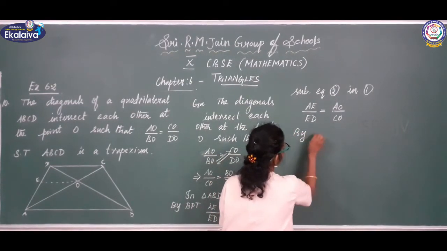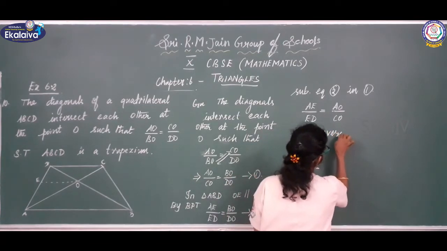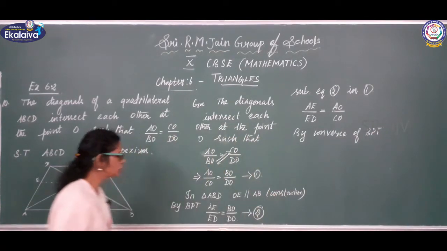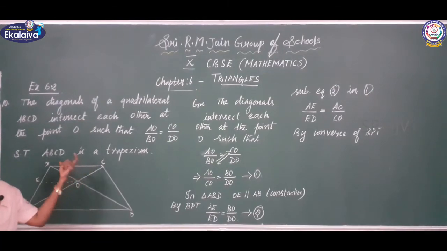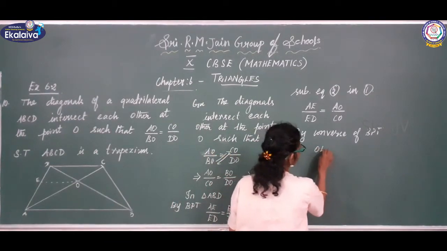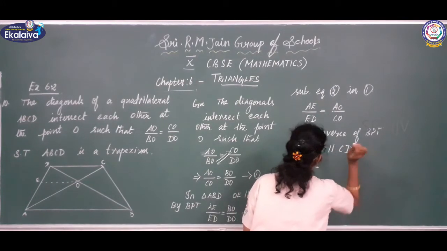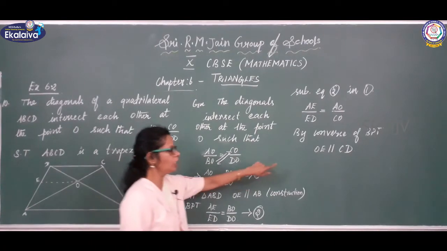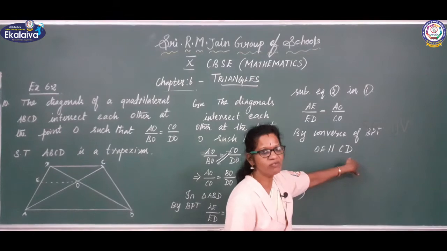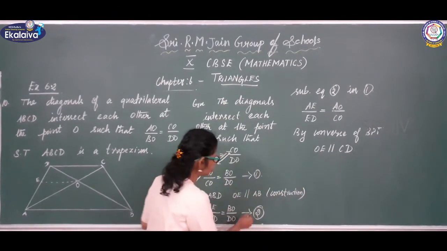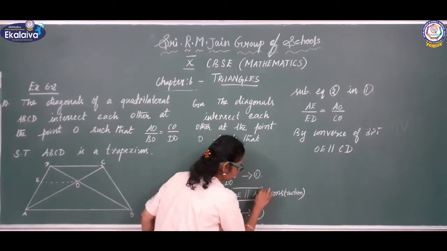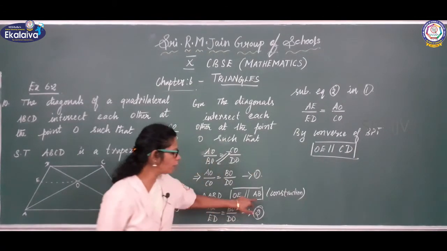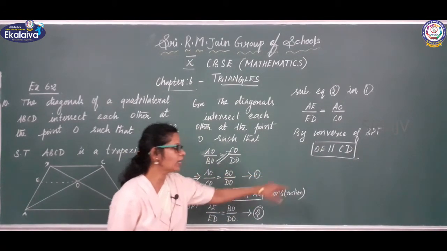By converse of BPT, you can conclude that OE parallel to CD. Now you see OE parallel to AB is our construction, and OE parallel to CD we arrived at as the result. Combine these two.